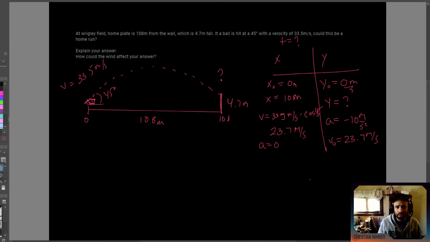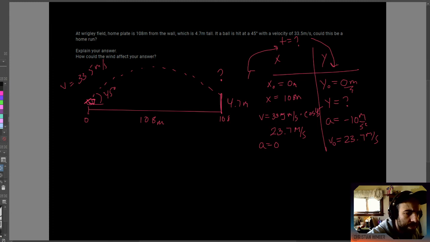I think that's everything. So, plan of attack. We know everything over here on the horizontal side. So let's use all this horizontal information to get a time, and then we'll use the time to get the vertical information that we need. I think that's probably a good way to do it.